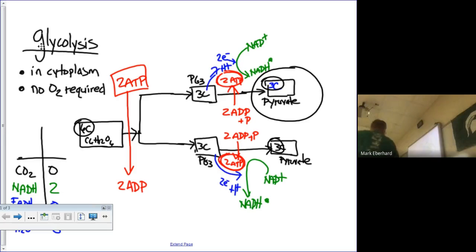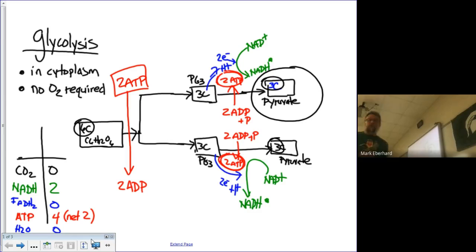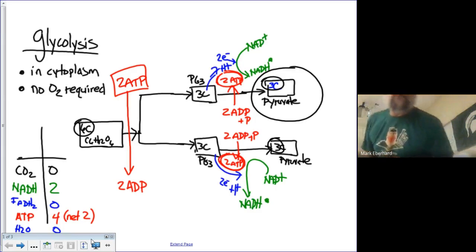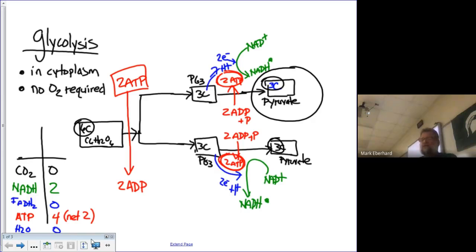Also, we have oxidized the glucose and reduced 2 NADH molecules.